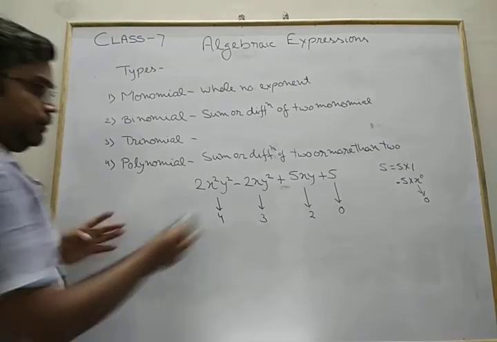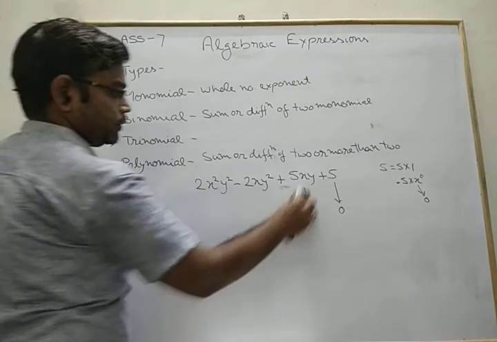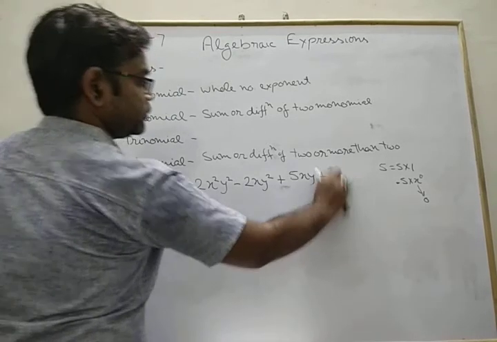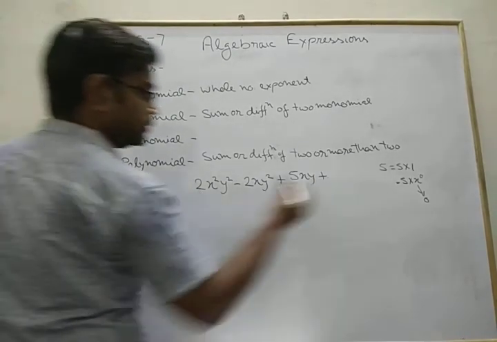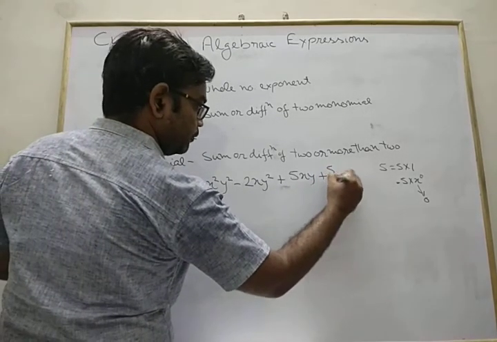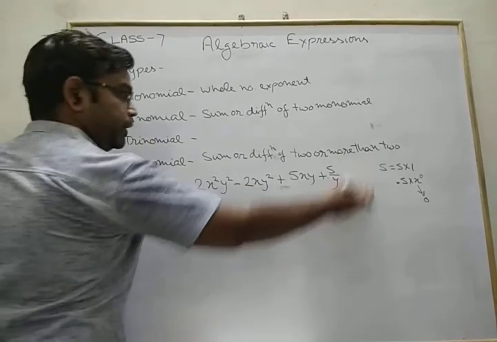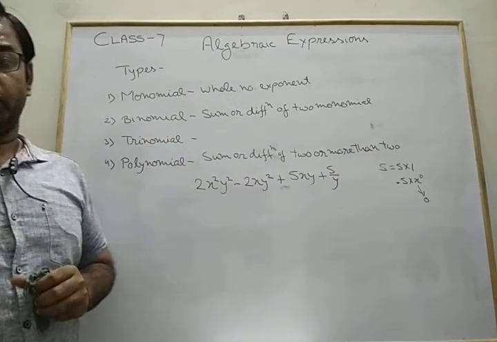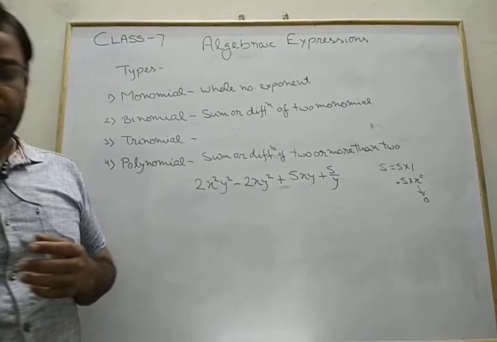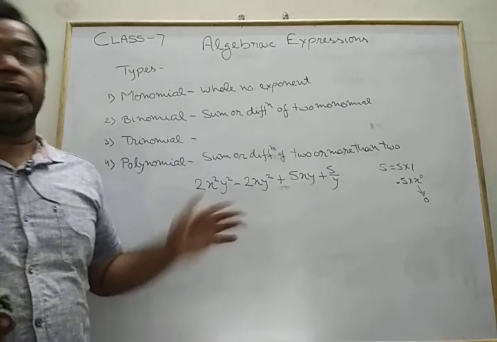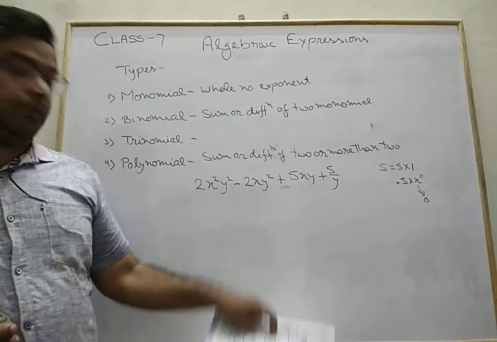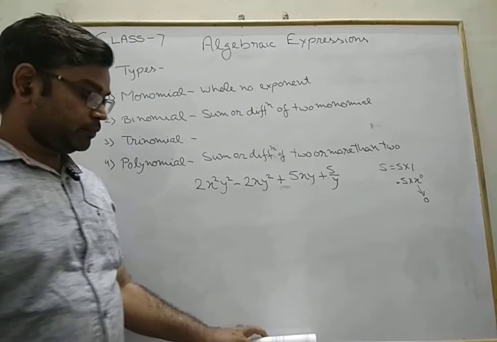If in place of 5, I use 5 upon y, then the complete expression is not a polynomial. It's not a proper algebraic expression. Now hope you are able to understand the concept.